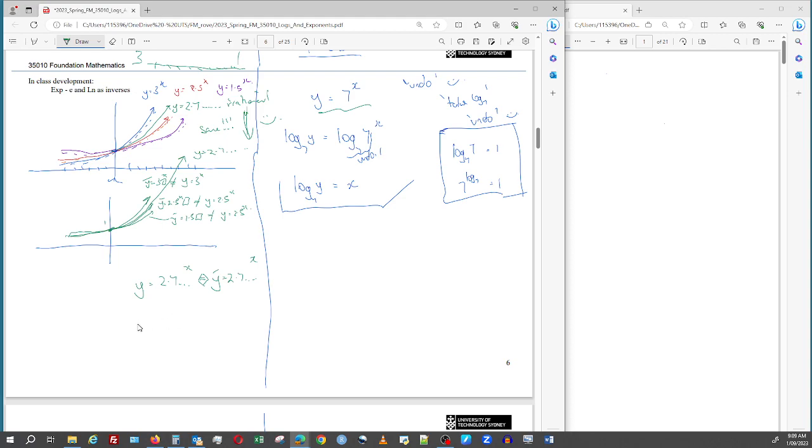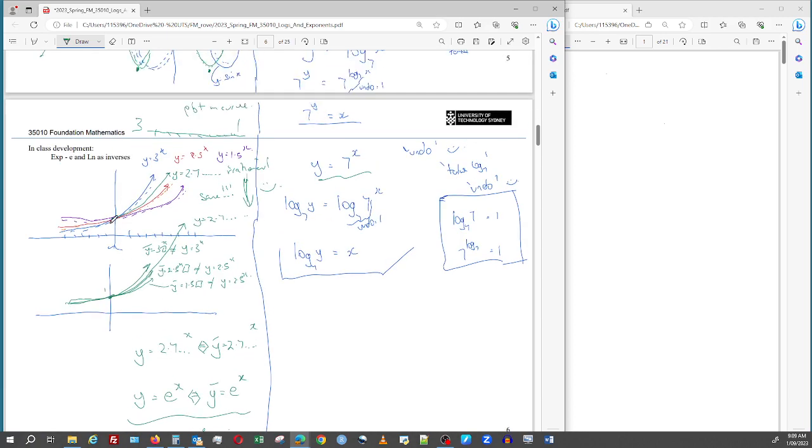And of course that was attributed to Euler, but there were other scientists who also contributed to this development. What a huge discovery that is. So it's the only function, y equals e, that has this property. Wow, what a tremendous discovery that is.